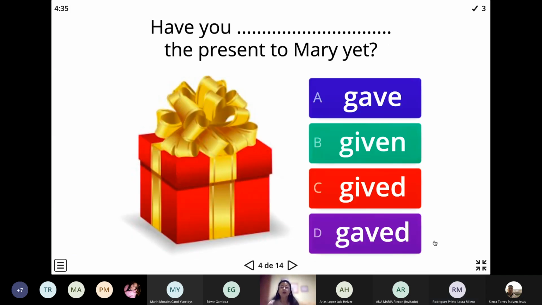Very good. Question. Have you gave, given, gift, or gave? What is the past participle of the verb to give? It's an irregular verb.